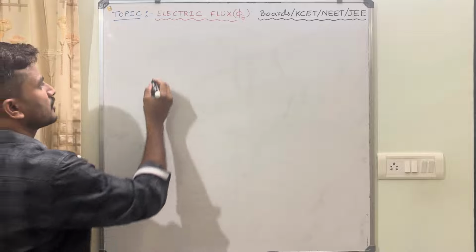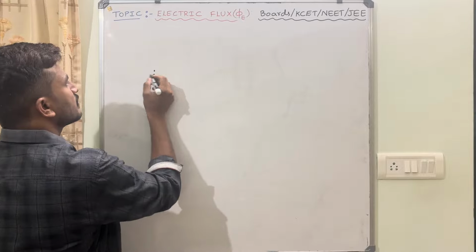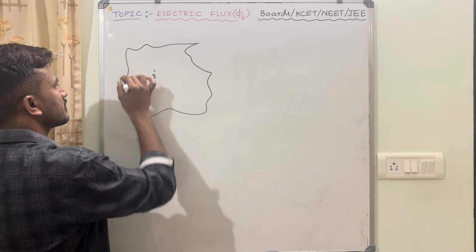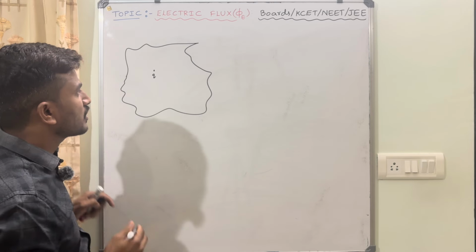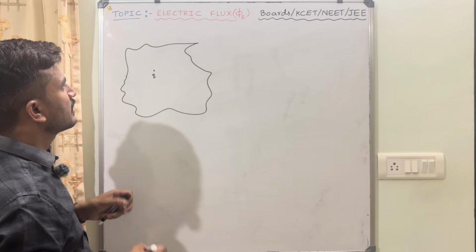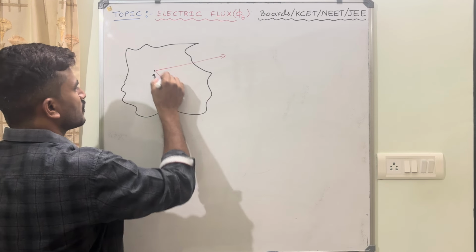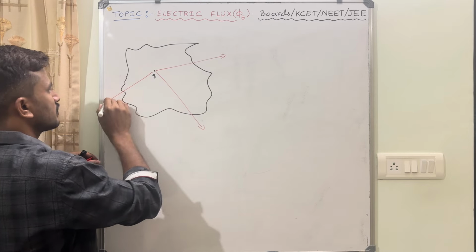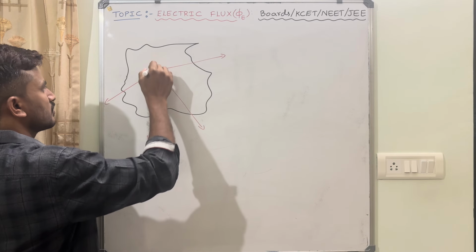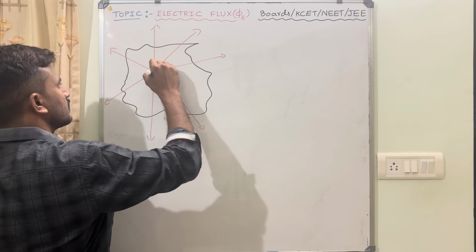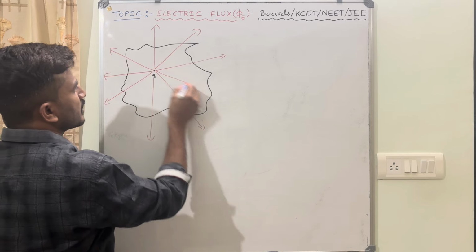Sir, I have a charge here and there is some random closed surface like this. I need to find out the flux through this closed surface. So what is the flux through this closed surface? The flux is like this.